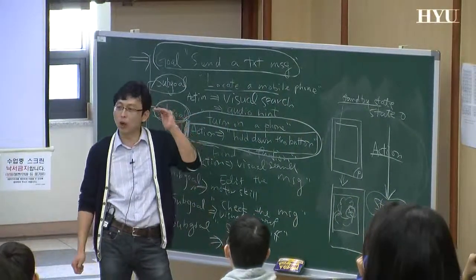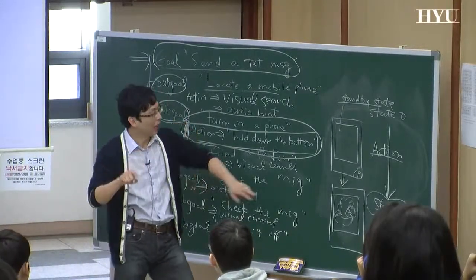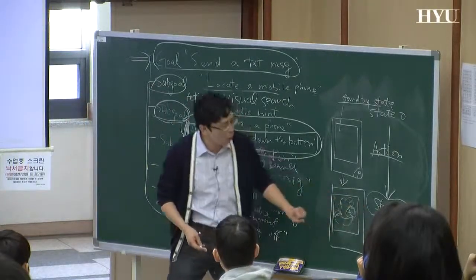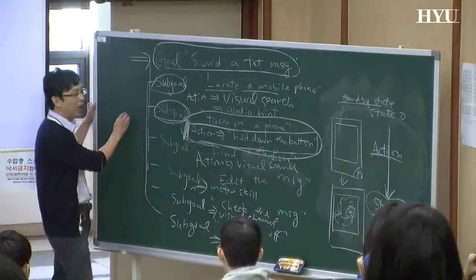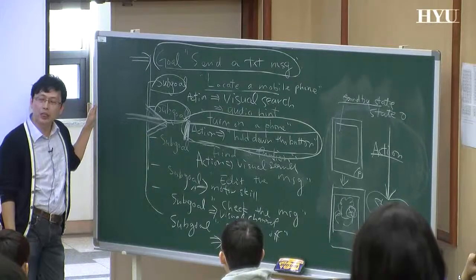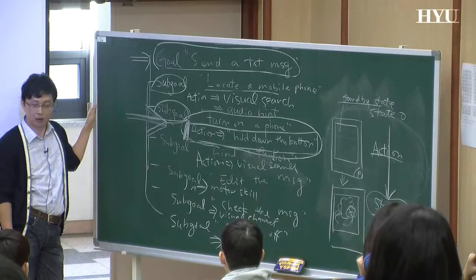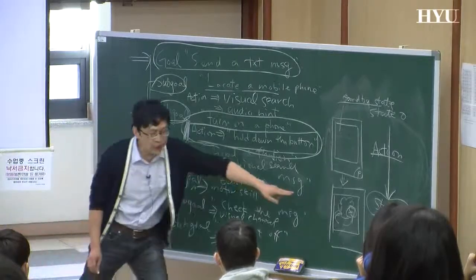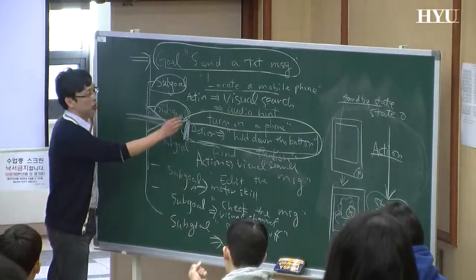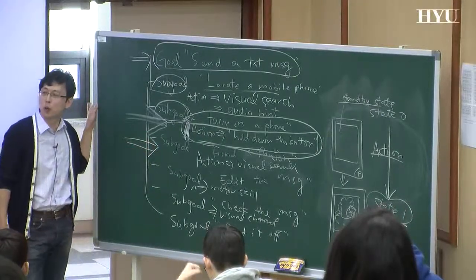Because they were in state 0, and then they took the action, held down the button, and we see some flashing on the display. With state 1, we evaluate whether this one is completed or not. When you see this state 1, we can say, oh, subgoal 1 is completed. Subgoal 2 is gone. So then we can carry on to subgoal 3.